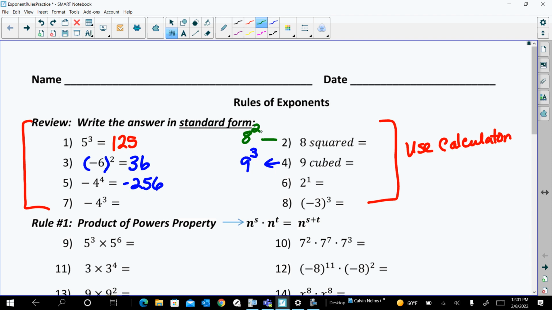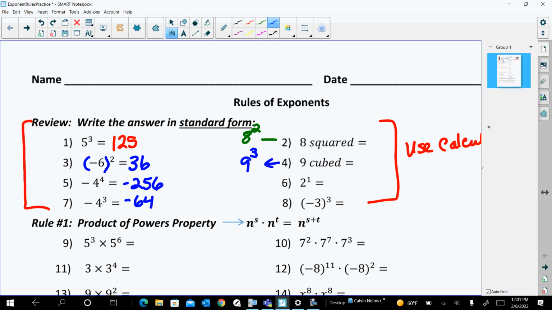So make sure you can get your numerical answers on the first 8. You have to be proficient in getting answers using exponents and a calculator. I'm only going to focus on the odds. I'll check proficiency with the evens. You would check your understanding with the odds as well.